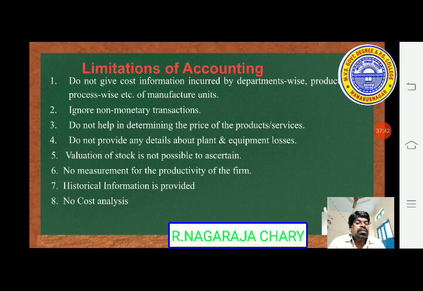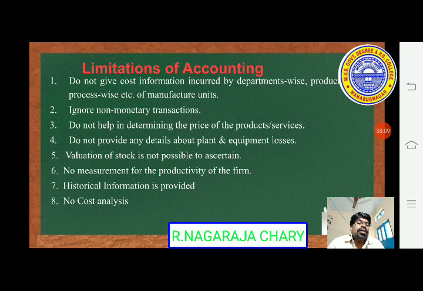That means sales is done, then you have to record. Purchase is done, you have to record. So like that, expenditure is done, you have to write. Payment is done, that you have to write. So whatever is done in the past, that is to be recorded. So all the accounting information is historical information. Whatever we have done, that is recorded.